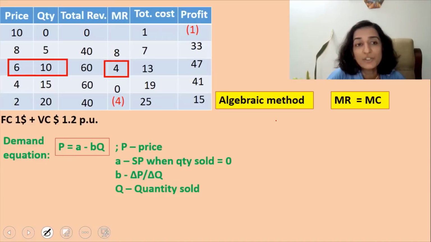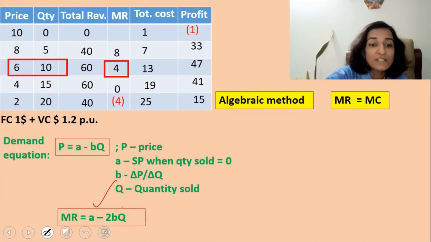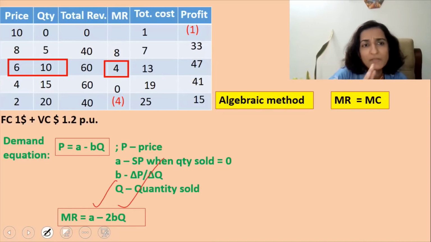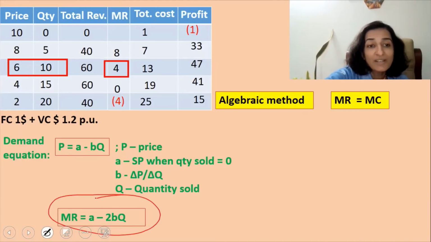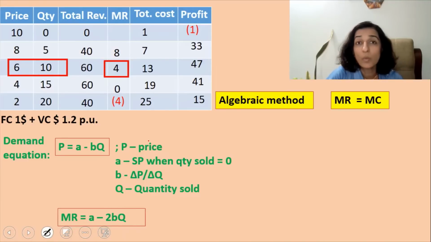And the second formula that you have to learn is the marginal revenue equation. Marginal revenue is A minus 2BQ. So the only difference between the demand equation and the marginal revenue equation is that there is a 2 in front of BQ. All the other things remain the same. Now with these two formulas, we are ready to apply the algebraic method.